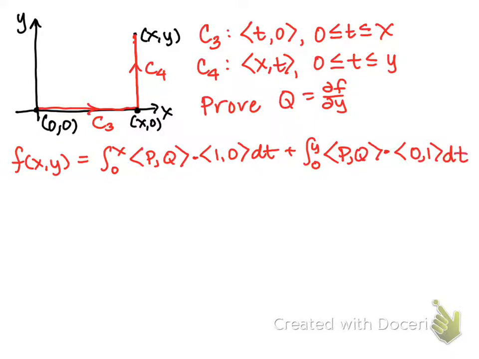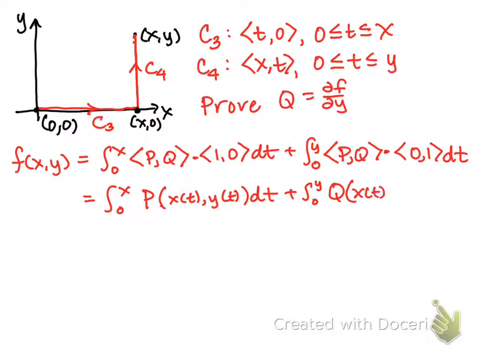So this is going to give me the integral from 0 to x of P of x of t, y of t, dt, plus the integral from 0 to y of Q of x of t, y of t, dt.